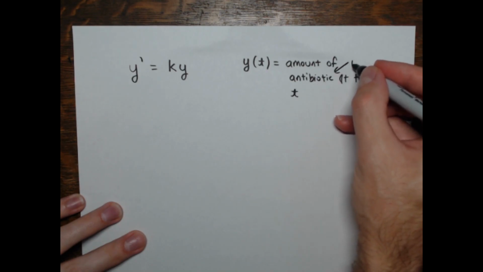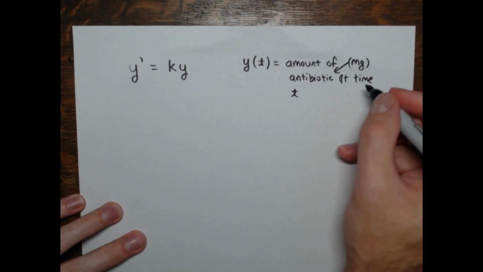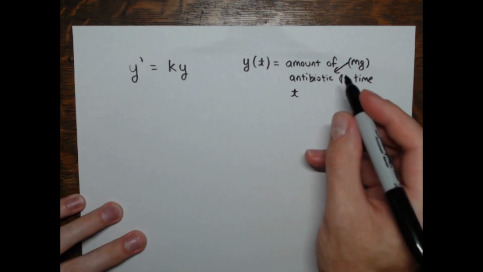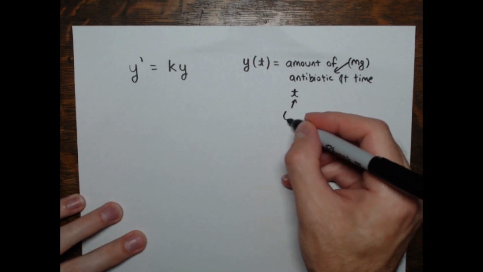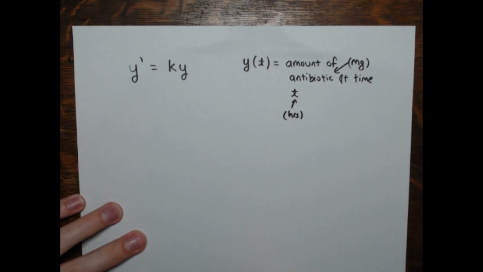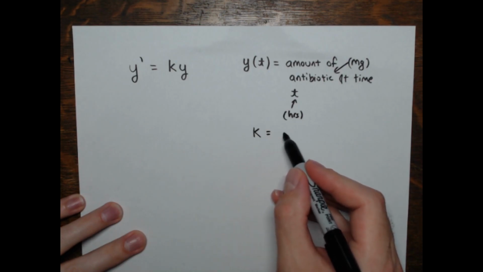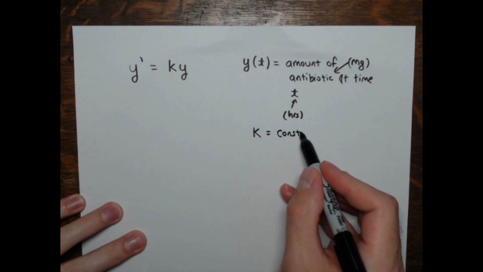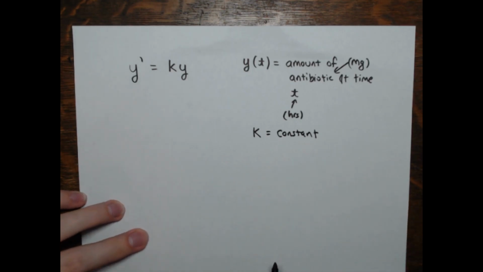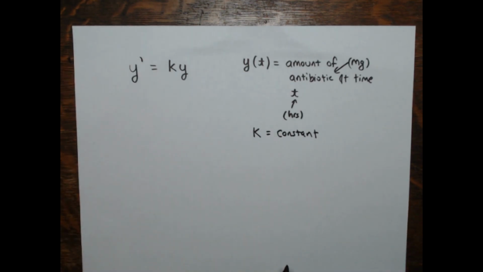And this amount of antibiotic is in milligrams, right? And t is time in hours, right? And k is a constant. They told us what that constant was. I'll put it in later. What's that? 0.0990 per hour? I'll put that in later.